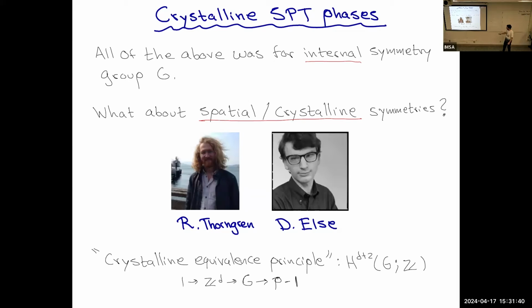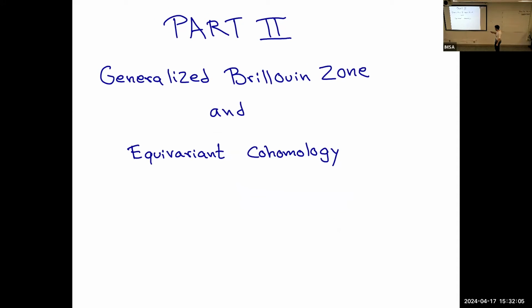They call it the crystalline equivalence principle, which, summarizing their work, which had a lot of things in it, boils down to saying, okay, just replace G by the crystalline group, right? Use the same formula, but instead of having an internal symmetry group, just use your crystalline group, and it still works out. Okay, good. So, are there any questions?